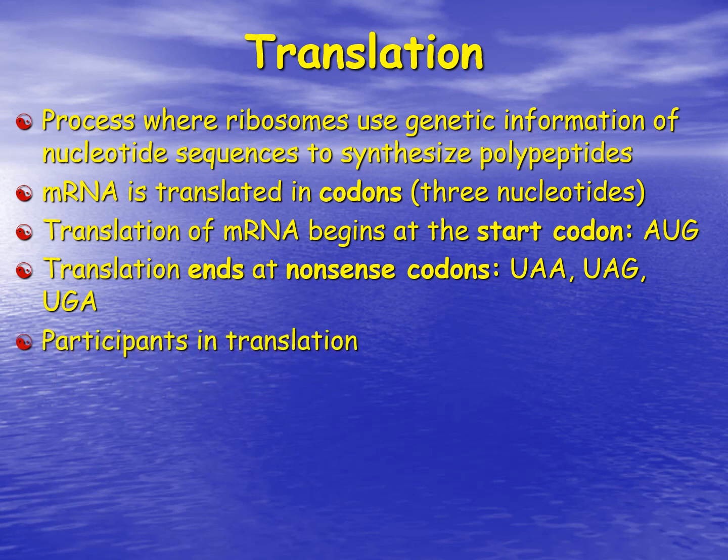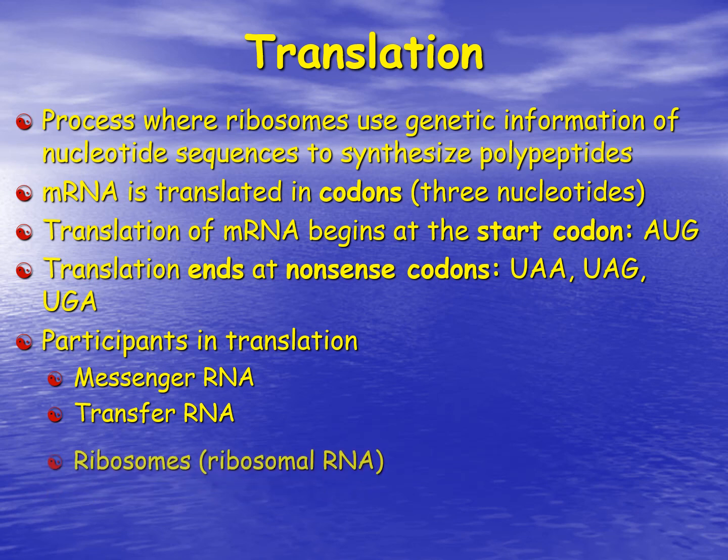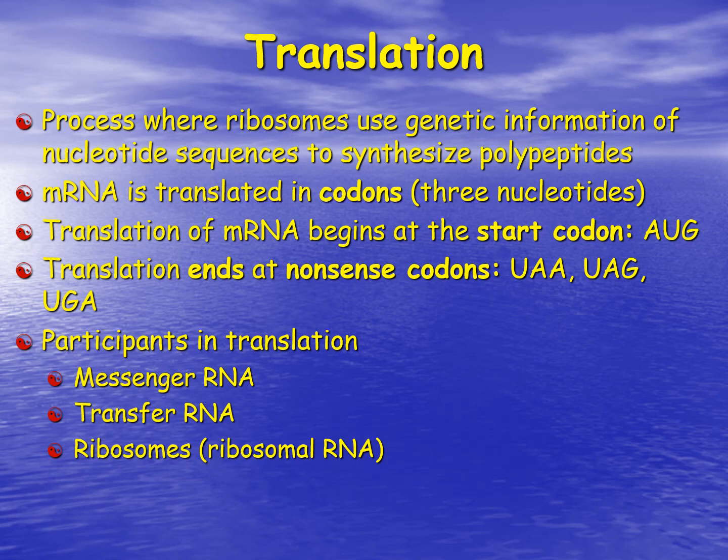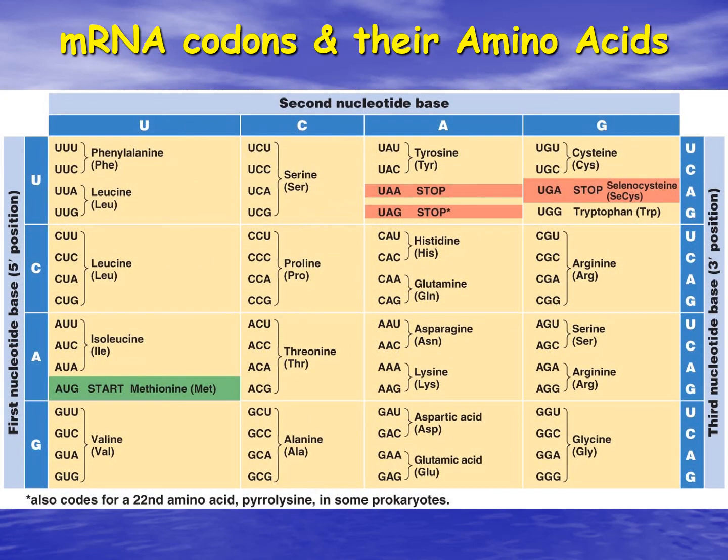Participants in translation include the messenger RNA, the transfer RNA, which is responsible for bringing in the amino acids to the ribosome, the ribosomes themselves, which are made up of ribosomal RNA, and of course then the 20 amino acids.